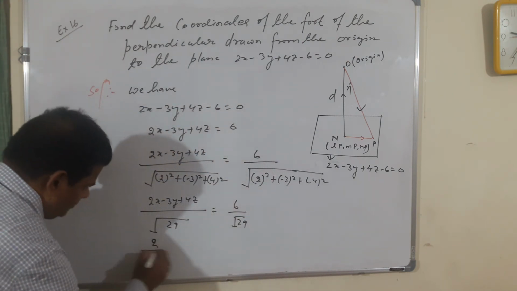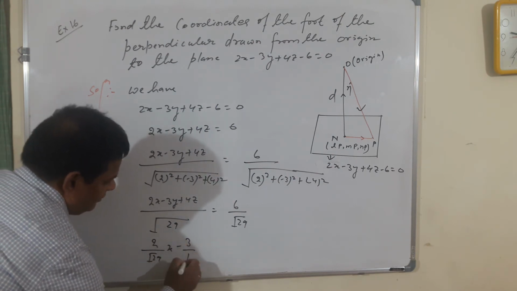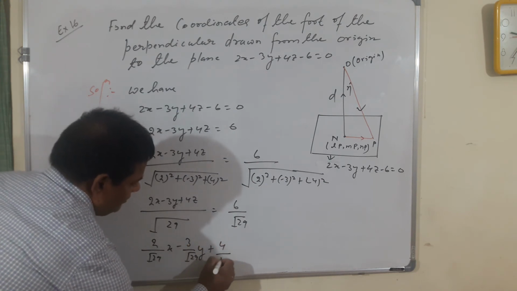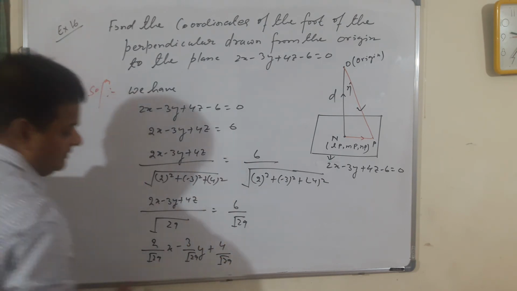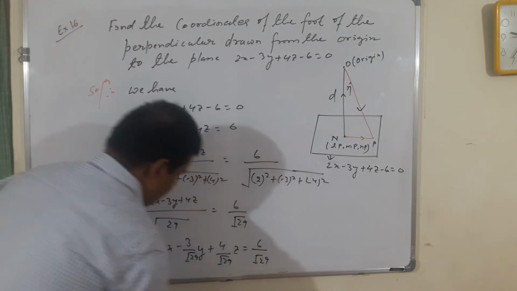So it becomes 2 by root 29 x minus 3 by root 29 y plus 4 by root 29 z is equal to 6 by root 29.